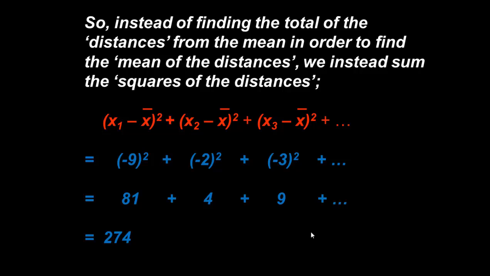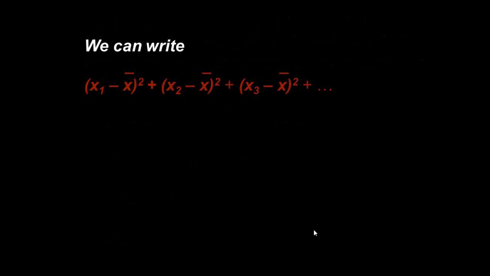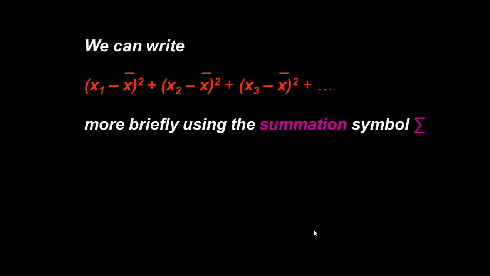Okay, but we've got 274. What do we do with that 274? Well, there were 9 values, but I'm going to have to divide it by 9 then. Just to finish that thought about the notation, the textbooks do one further step. In adding those deviations, they get a little lazy and go, is there a quick way of doing this?